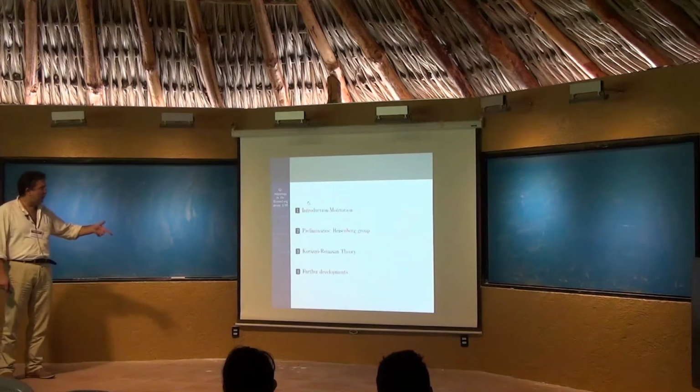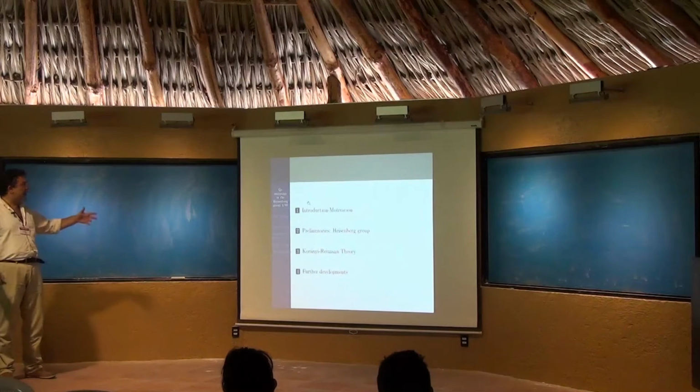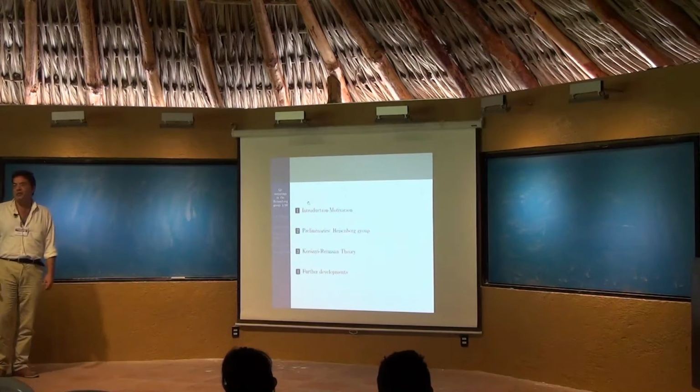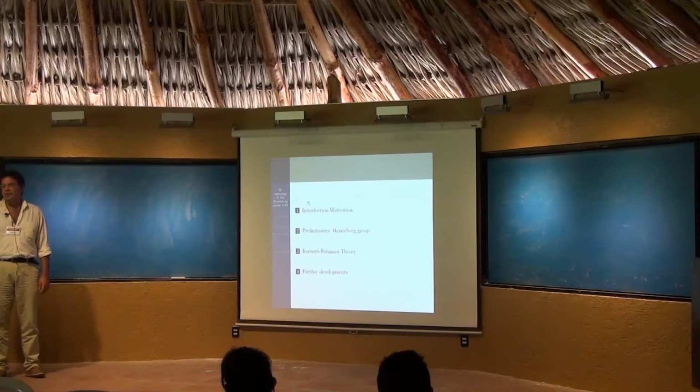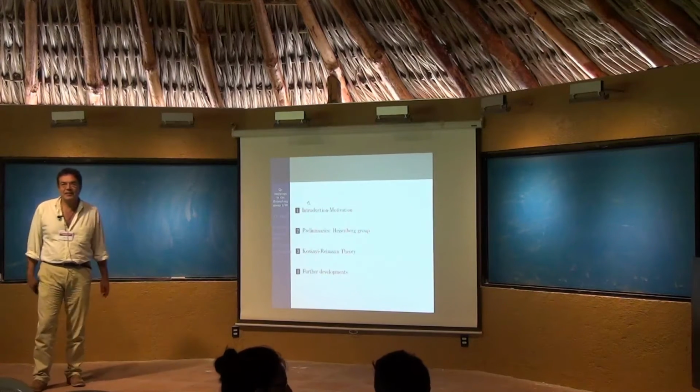So the talk will have 4 chapters. The first chapter is Introduction and Motivation. Well, I happen to be very philosophical about motivation. What is motivation in mathematics? Why do you do mathematics? Well, the only reasonable answer in my book is because I like it.